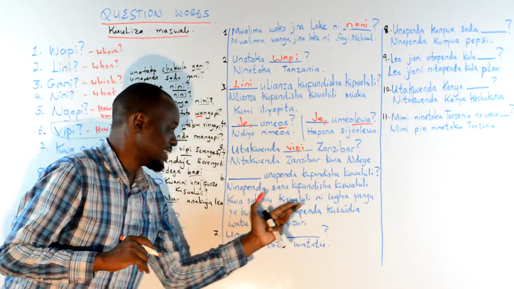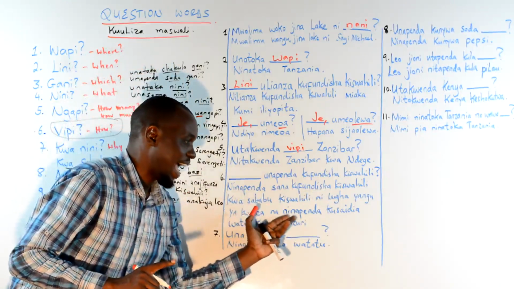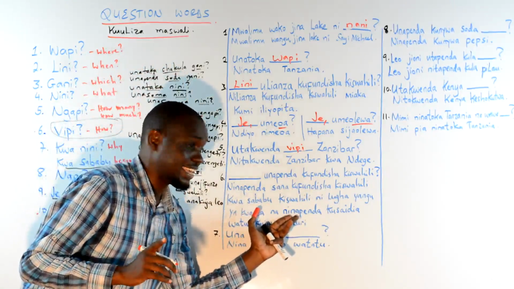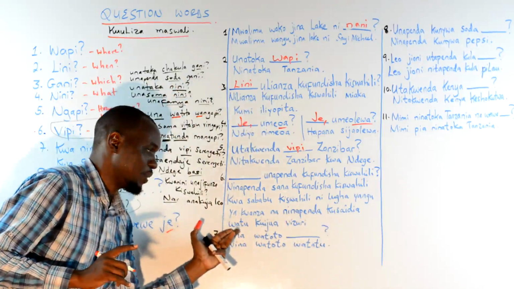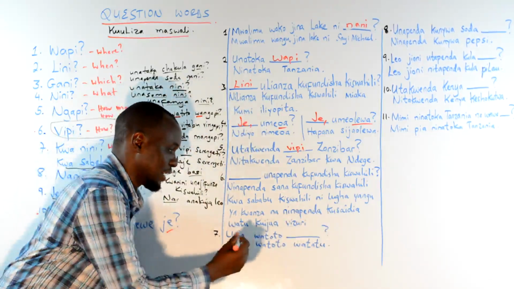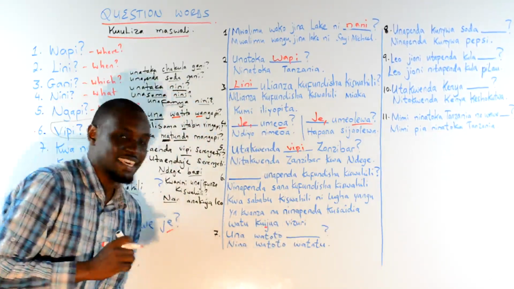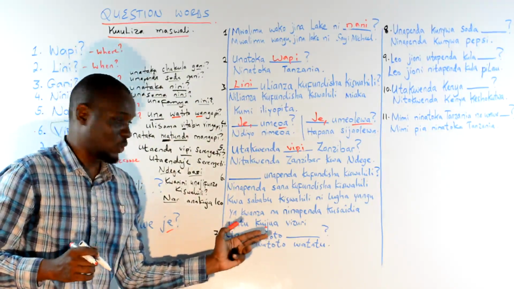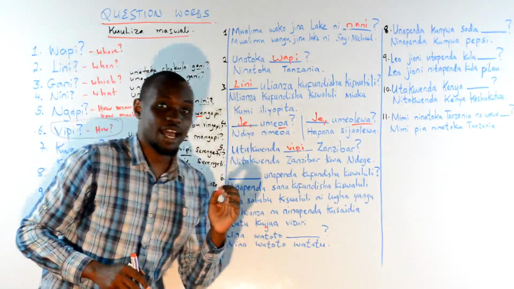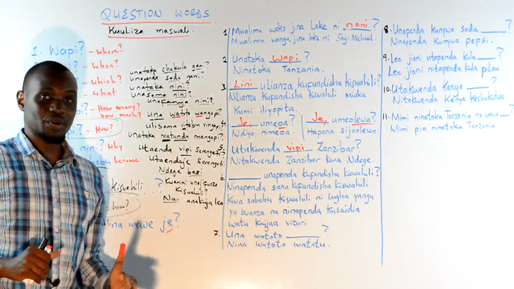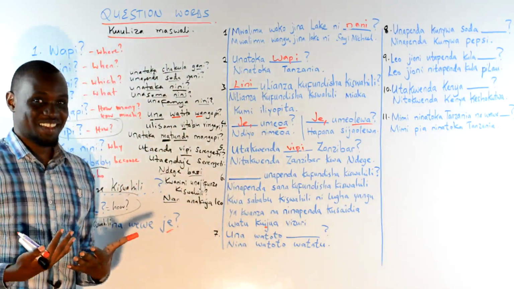Because Swahili is my first language and I like, ninapenda is I like, to help people to know it well. Kuijua. Kujua is to know. Kuijua is to know it well.